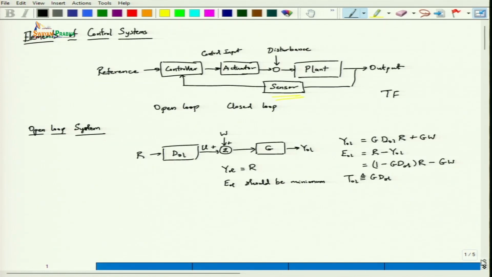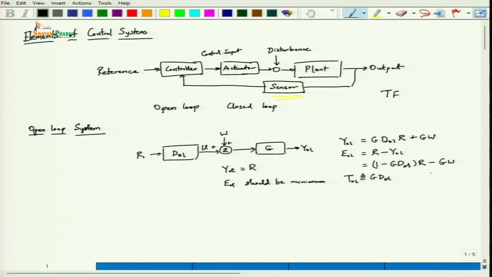So, if we look at the open loop system, if we look at this expression for EOL, what you will see is for the disturbance W, we cannot change the contribution because it is directly just dependent on G, that is the plant transfer function. When we design a control system, the plant transfer function is fixed.